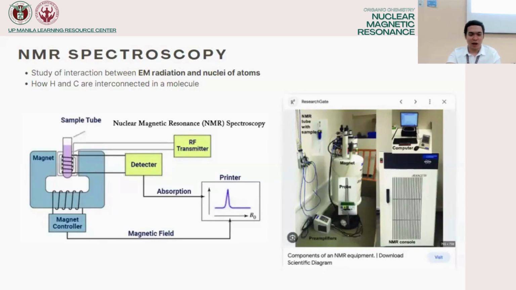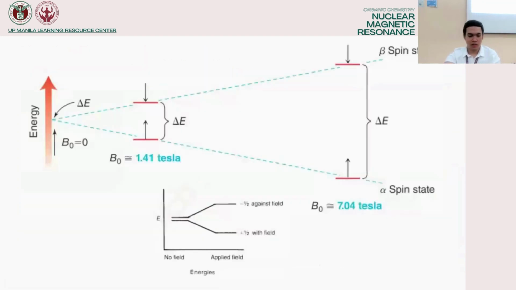Okay, so let's analyze it more deeply. There is a certain frequency that NMR applies. As you can see, that's a good question from Francis. There is a certain magnetic field strength needed for alpha to flip to beta.